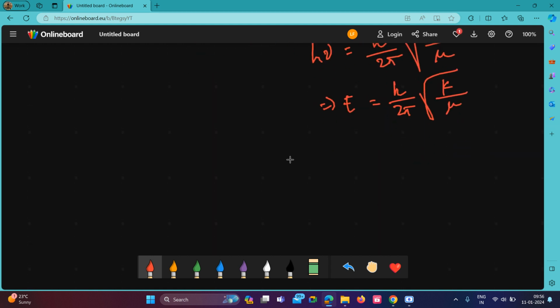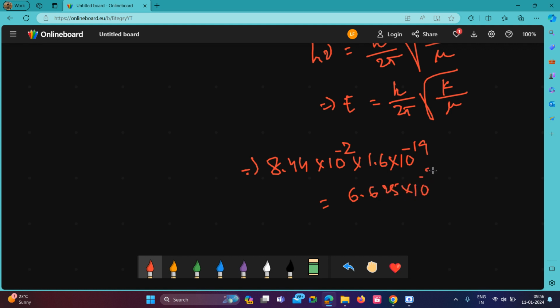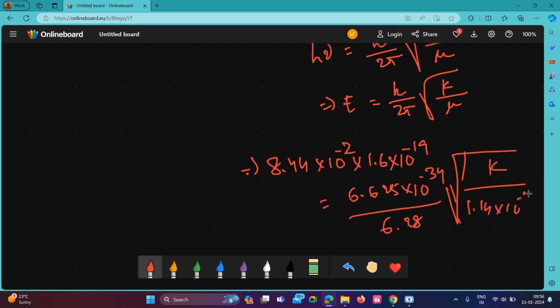So E, the separation of energy levels, is given as 8.44 into 10 to the minus 2 electron volts. We have to convert it into joules. So E is equal to h divided by 2 pi, times root of K, which is needed, divided by mu, 1.14 into 10 to the minus 26 kg. So from this we can calculate K.